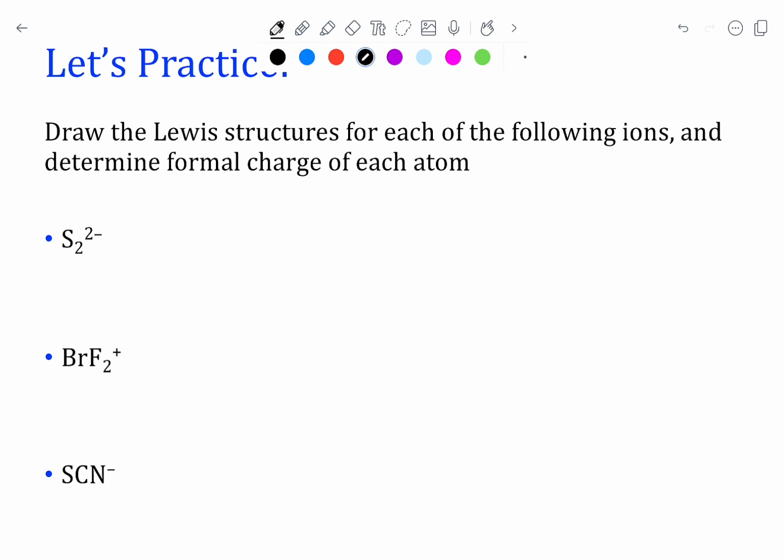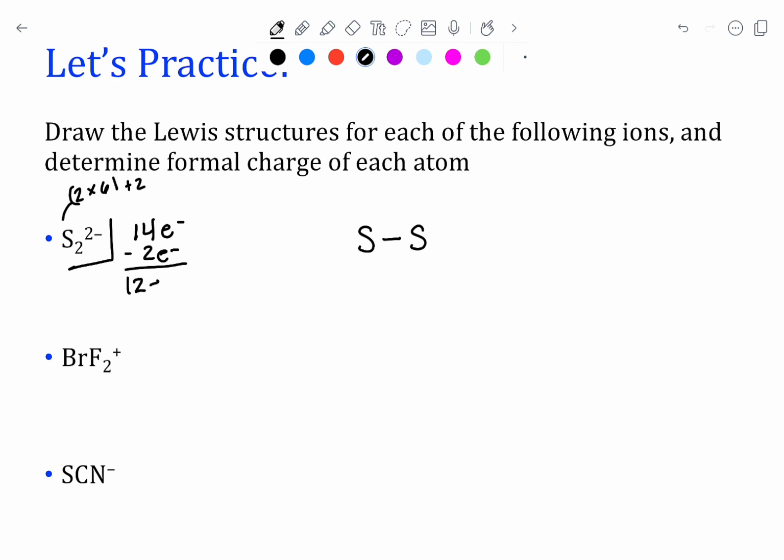For our first example, S2 2-, we have a total number of 14 electrons to work with. That comes from 2 times 6 from the sulfur plus the 2 electrons that are extra in our charge. Okay, our charge is 2 minus, so therefore we need to account for 2 extra electrons. So in our structure, we have S bonded to S, so that used up 2 electrons.